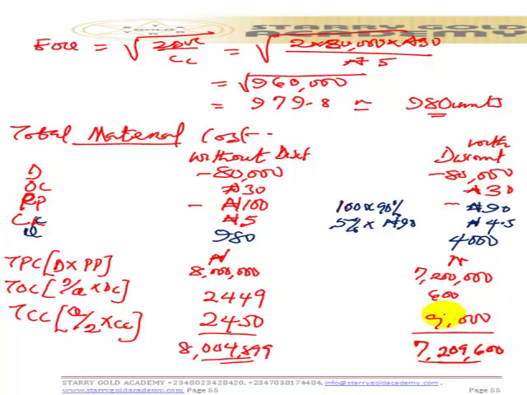You will see that the material cost under the discount is lower than the material cost under the normal EOQ. So in this case, it will be advisable for the company to accept the discount. The company can take the discount.